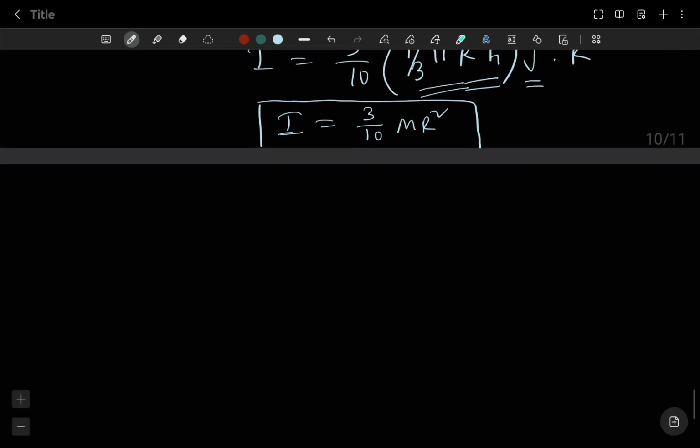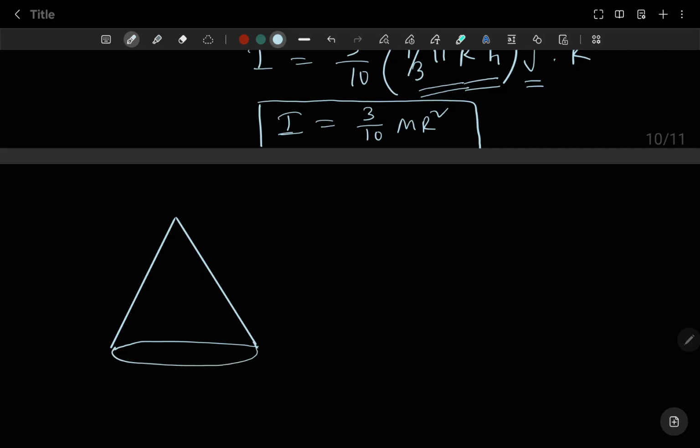Now if I want to calculate the moment of inertia of the cone about this axis, how to calculate it?